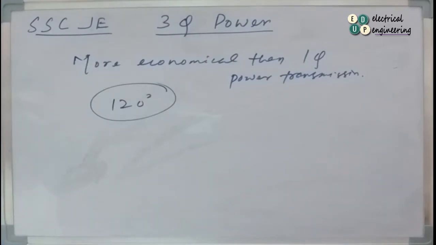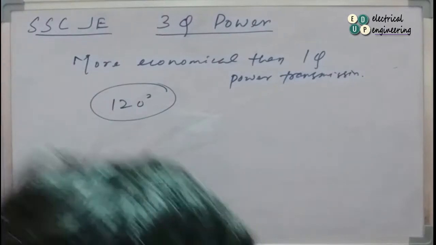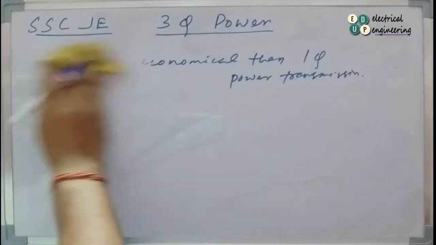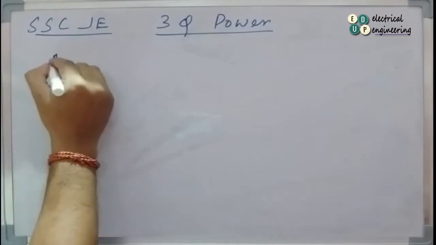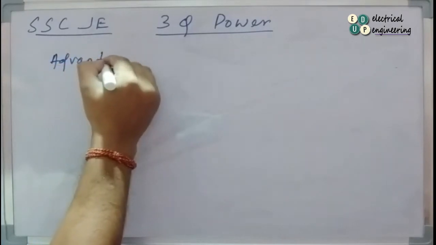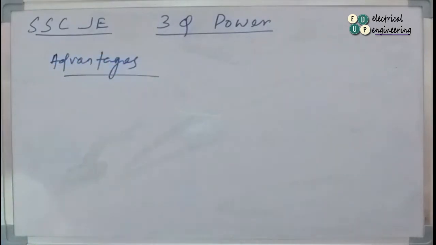Let us discuss a little bit more about the advantages. The rating of a three-phase machine is almost 1.5 times greater than that of a single phase machine of the same size, right?